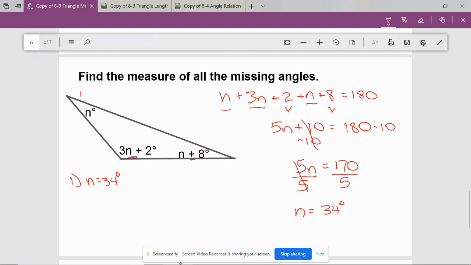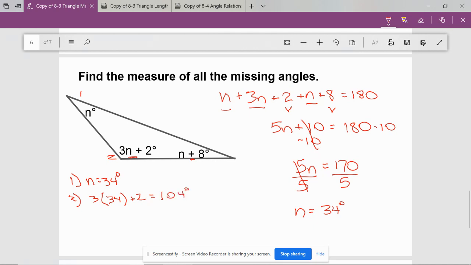If this is angle 2, I have 3n plus 2, and I'm plugging 34 degrees in for n. 3 times 34 plus 2 is going to equal 104 degrees.